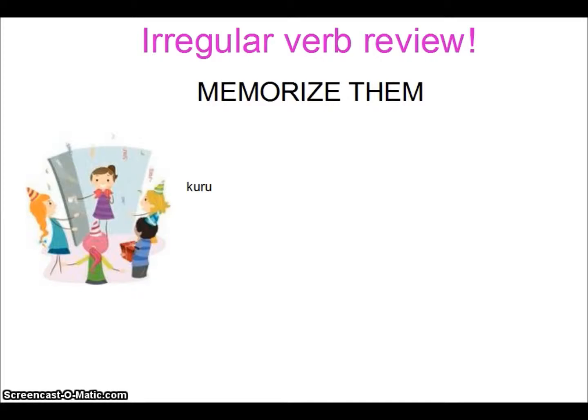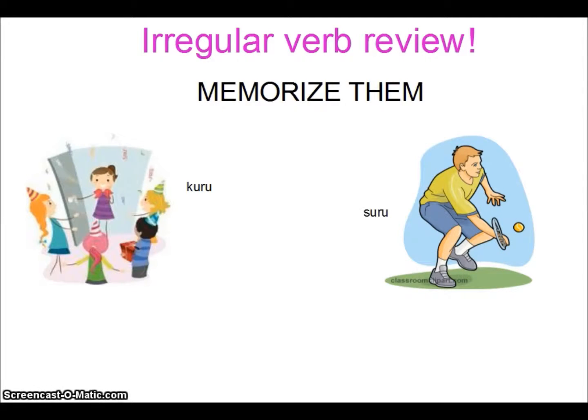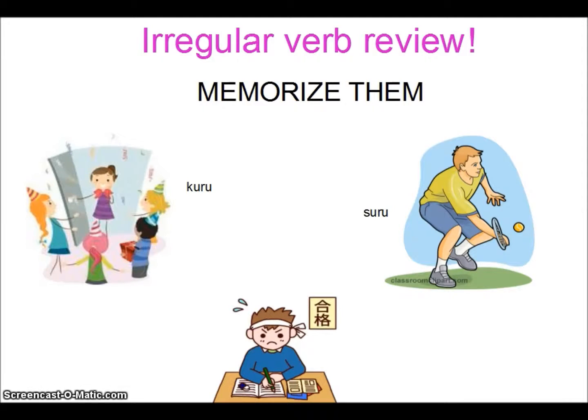Kimasu. And the other verb that we talked about, suru, the general to do verb, becomes shimasu. Shimasu. So when there's other verbs that are related, like benkyou suru, that also becomes benkyou shimasu.